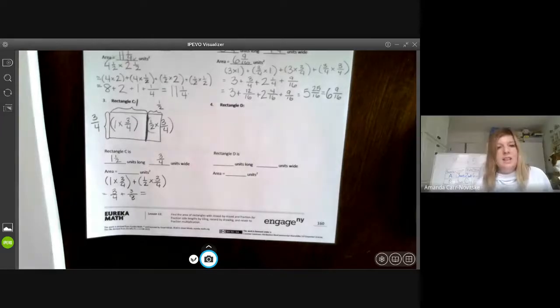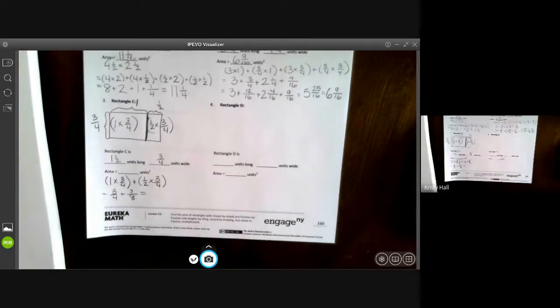I feel like these problems have a lot of steps to them. They do. It's putting together a lot of things we've done in the past in a new way.